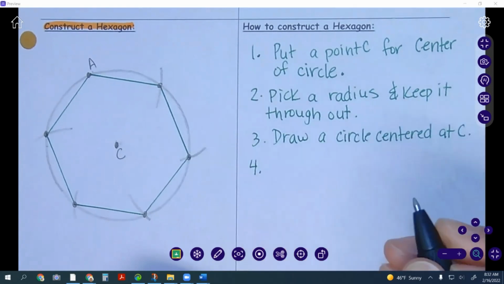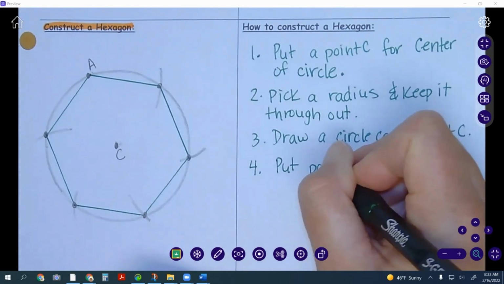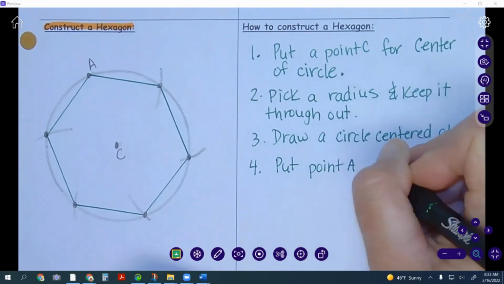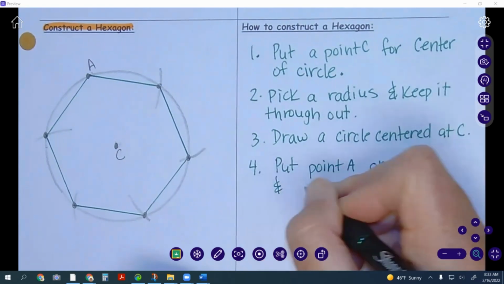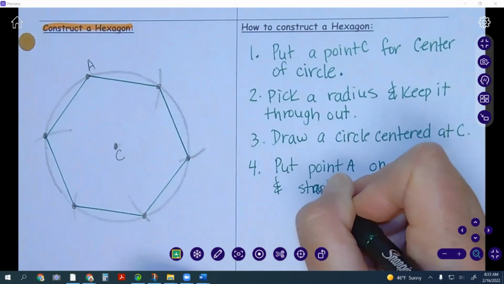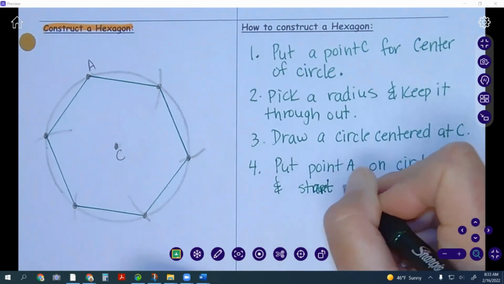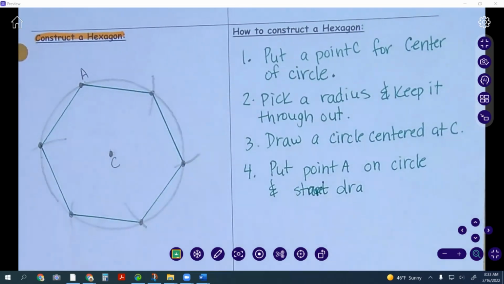Then, once you've done that, you're going to put a point, I'm just calling it A, on circle, and start drawing circles.